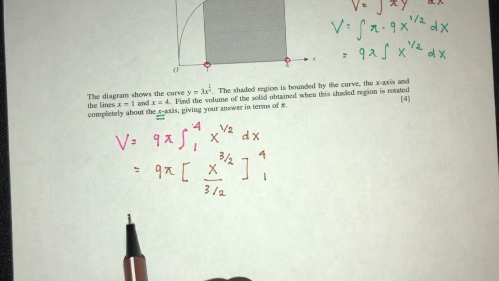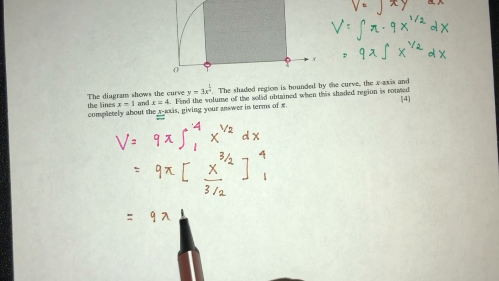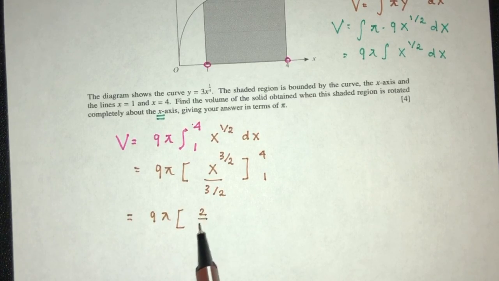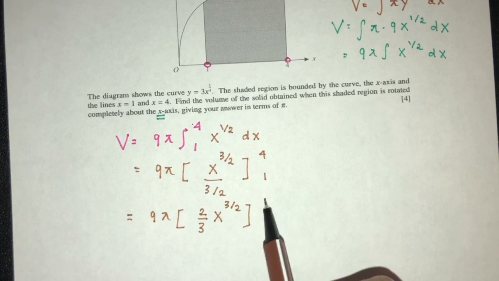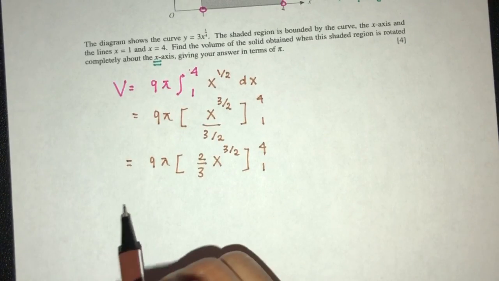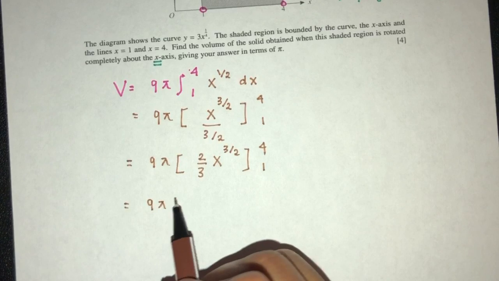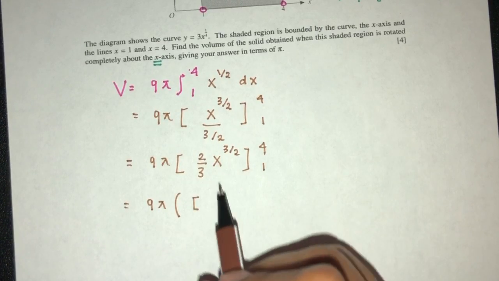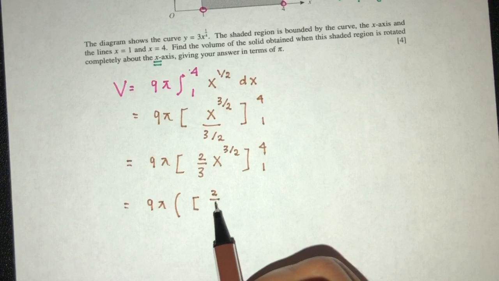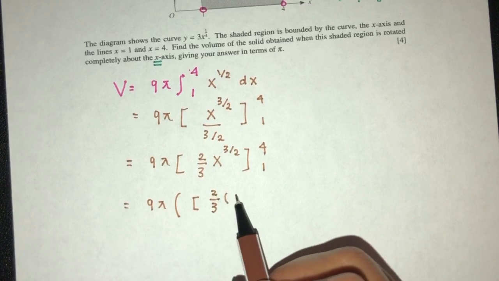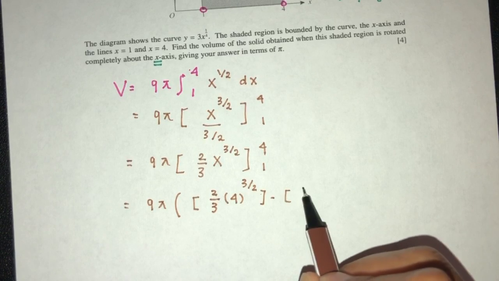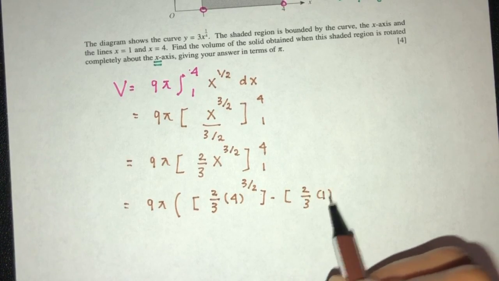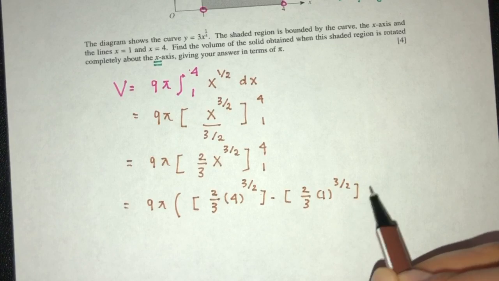Now we can simplify. At first we can write this as 2 over 3 times x to the power of 3 over 2, from 1 to 4. Simplify again, you will have 9 pi multiplied by 2 over 3 times 4 to the power of 3 over 2, minus 2 over 3 times 1 to the power of 3 over 2.